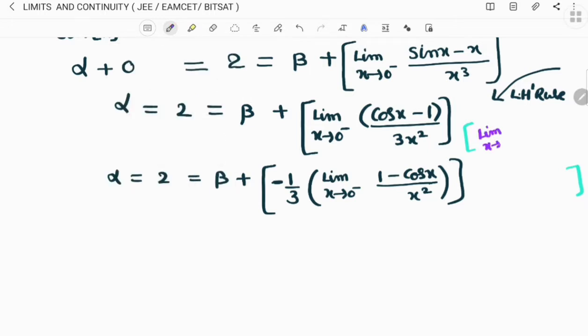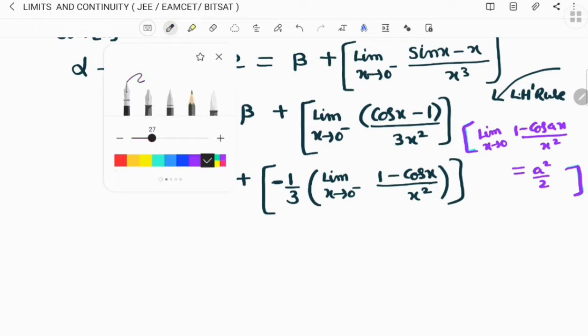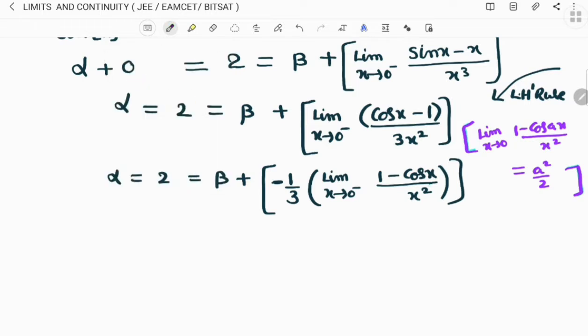Limit extends to 0 or a, 0 only. 1 minus cos ax by x square is equal to a square by 2. This is the standard limit. In this limit also we have a is equal to 1, no?